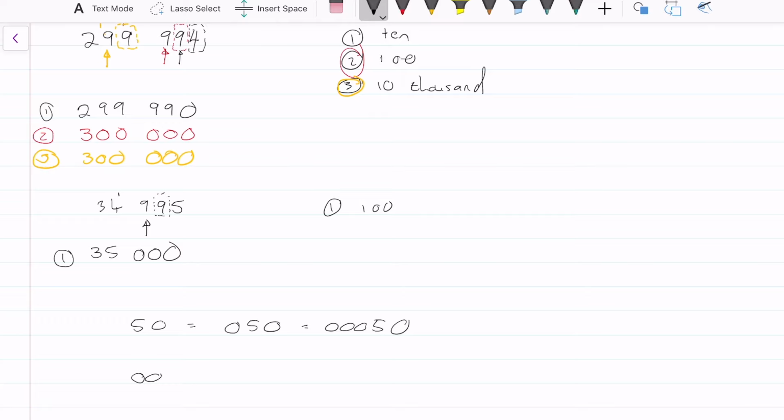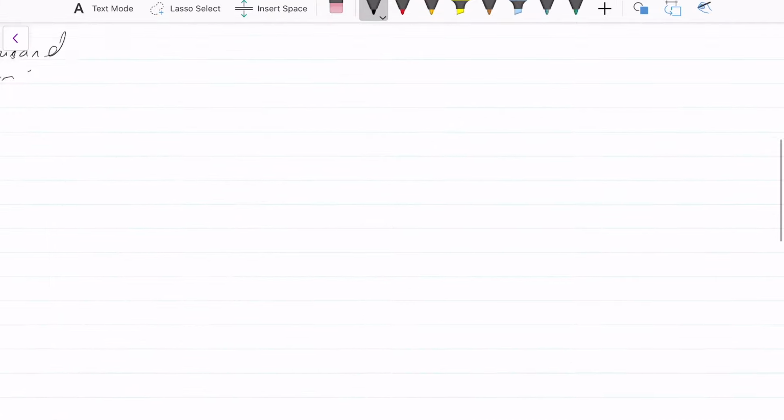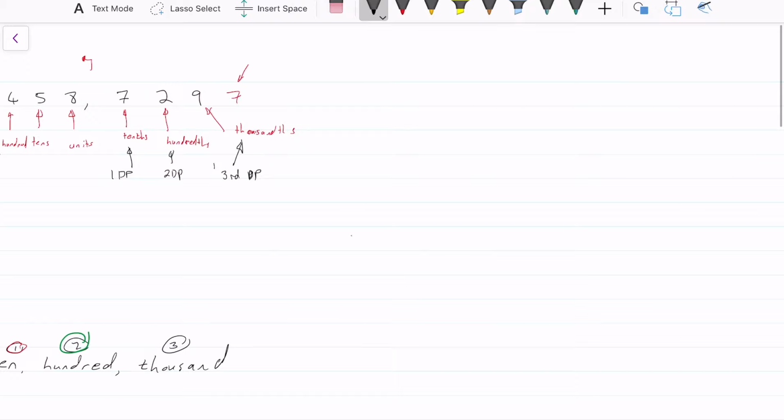So if you had some number like this, and we wanted to round off to the nearest 1000, that is the value we have, and the number we look at is this 9. If we round off to the nearest 1000, we get 2,000. We do not care about zeros at the beginning of a number. Okay, now we're going on to decimals.